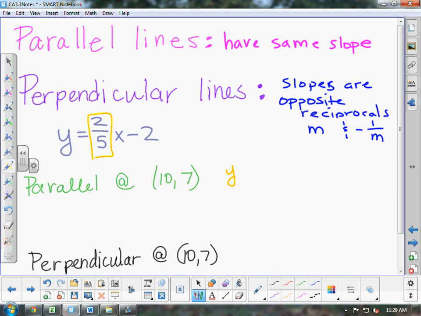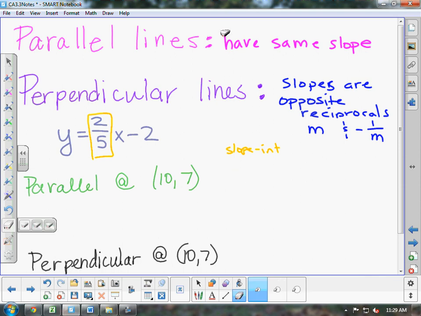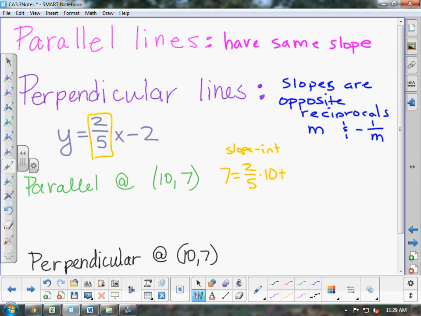One way of using slope-intercept form would be to say that 7 equals 2/5 times 10 plus b. Solving for b, multiplying 2/5 times 10, you would get 4 plus b equals 7, and b then would equal 3. So our equation would be y equals 2/5 x plus 3.